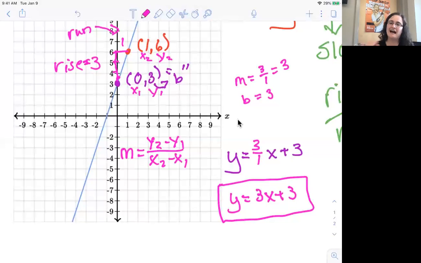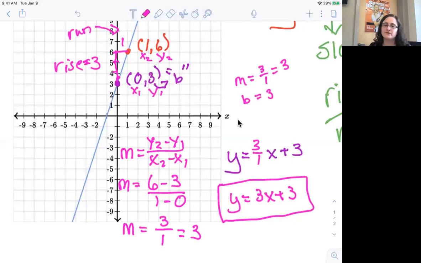So if I wanted to calculate the slope this way, I would take those numbers and substitute them into my formula. So y2 is 6, y1 is 3, so 6 minus 3, x2 is 1, x1 is 0, and then I would simplify the fraction. So I would complete the subtraction in the numerator and get 3, the subtraction in the denominator is 1, and I come up with my slope of 3.